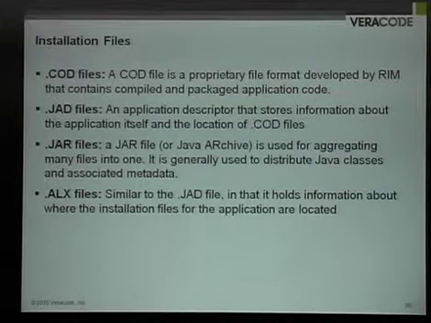Multiple classes, metadata, those types of things are in it. That's not required for the installation of the application. And then an ALX file is an XML-based application descriptor file. Very similar to the JAD, it contains a pointer to the code file along with some application metadata, and that's used for the BlackBerry Desktop Manager Java loader-based installation of applications.